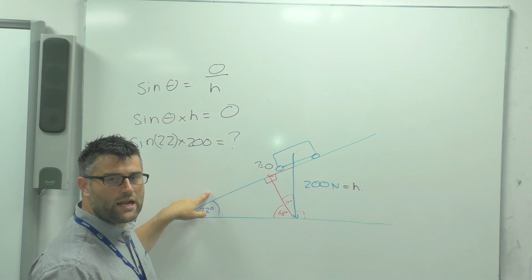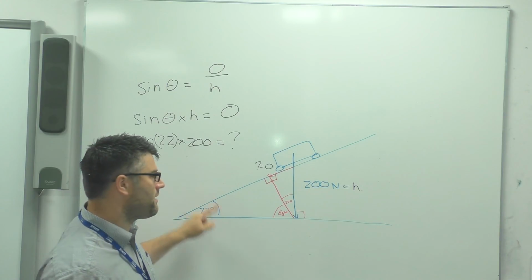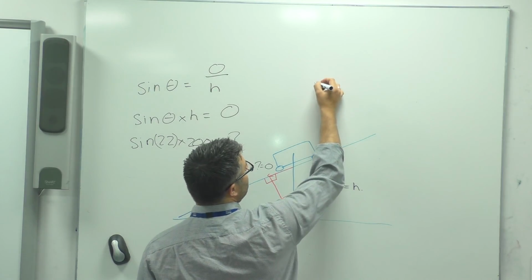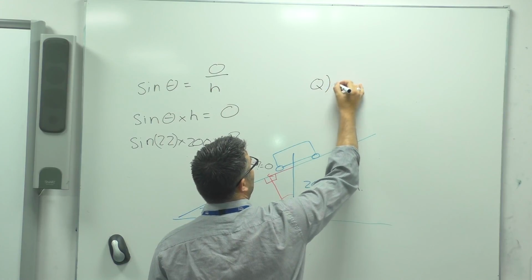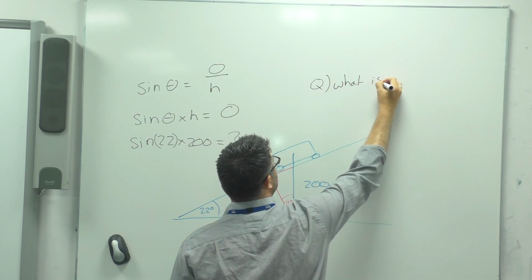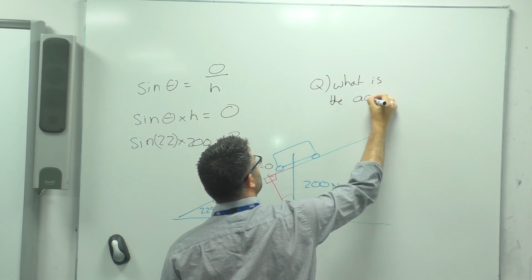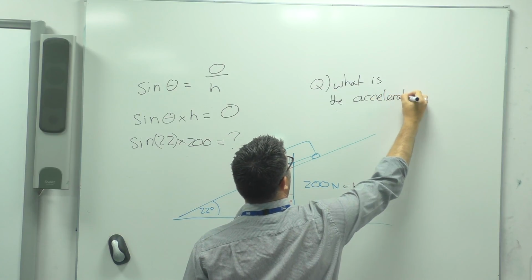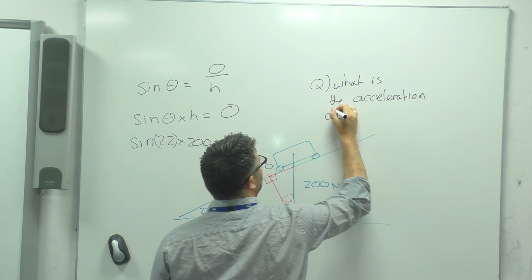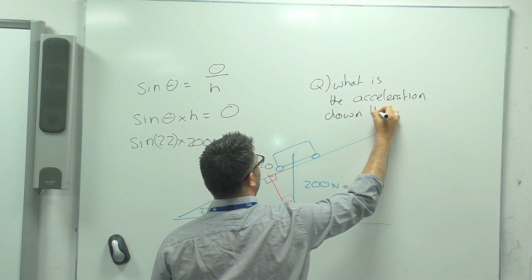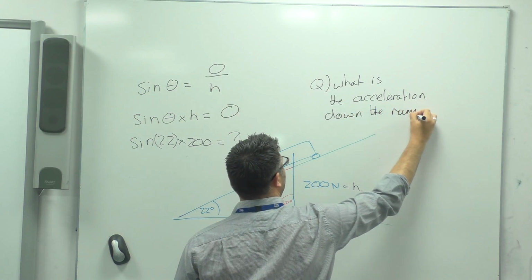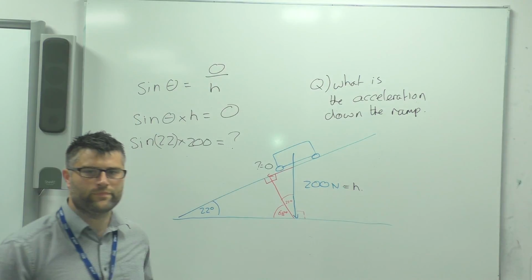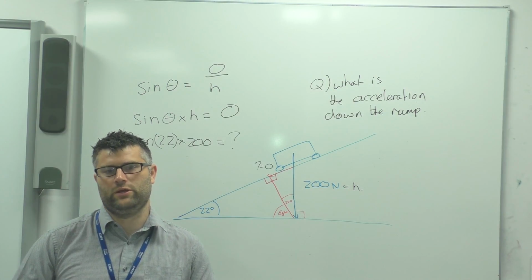What would the acceleration be down the ramp? So I'll write that on the board. So question, what is the acceleration down the ramp? And we'll see what you get for that when you come in the next lesson.